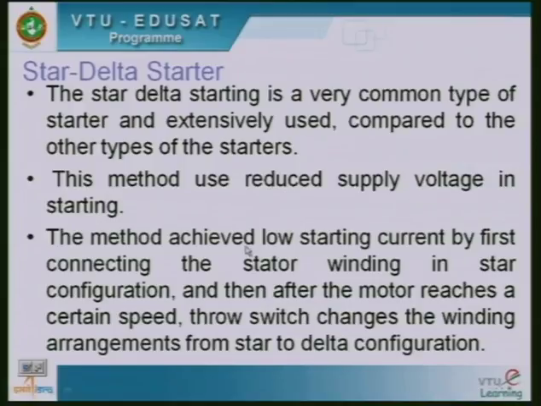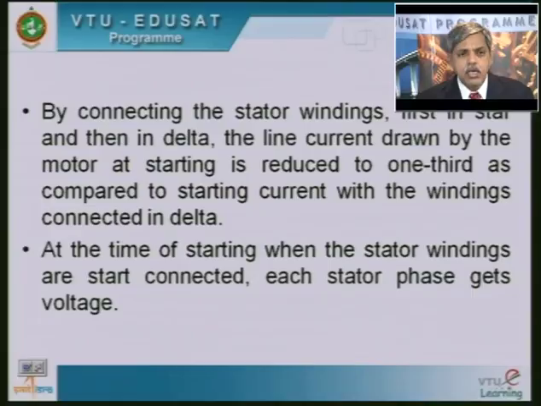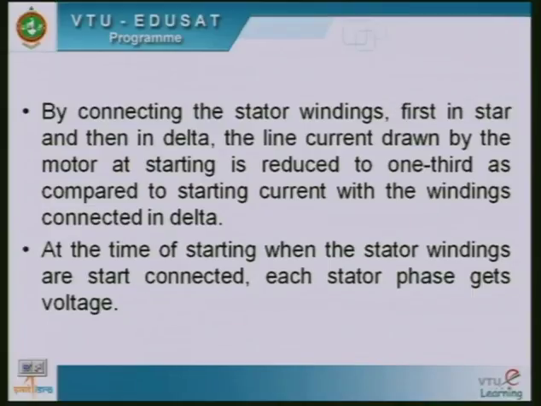The method achieves low starting current by first connecting the stator winding in star configuration, and then after the motor reaches a certain speed we throw the switch in such a way that the star connected winding gets converted to a delta configuration. I can explain this with a small circuit diagram. I will show you in the next slide.